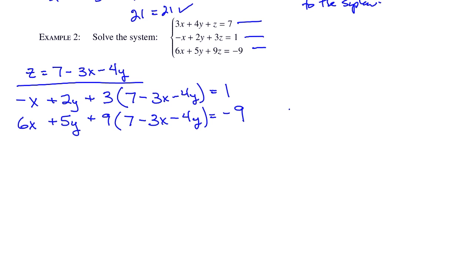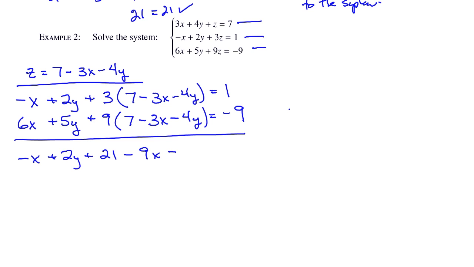That's perfect. And you're basically back down to the stuff from the last lesson. All right, so let's simplify. So we're going to have negative x plus 2y plus 21 minus 9x minus 12y equals 1.